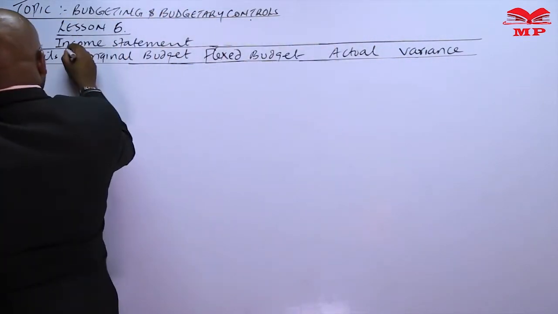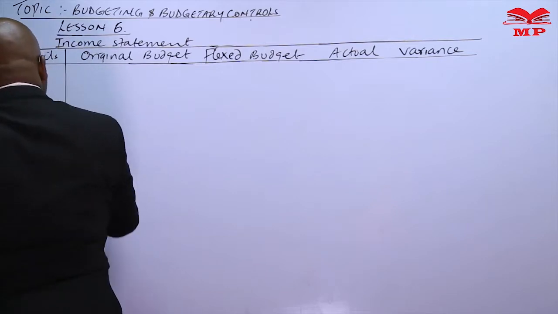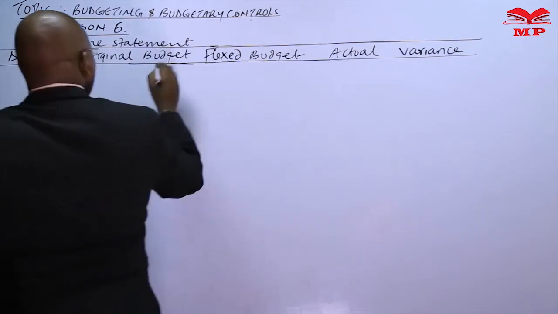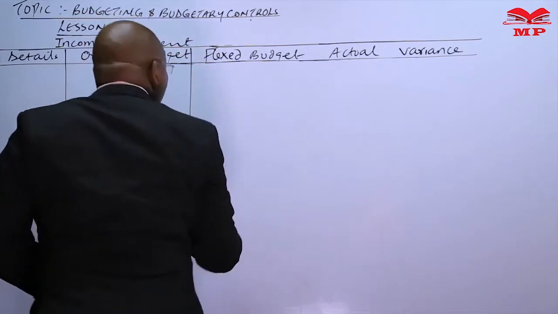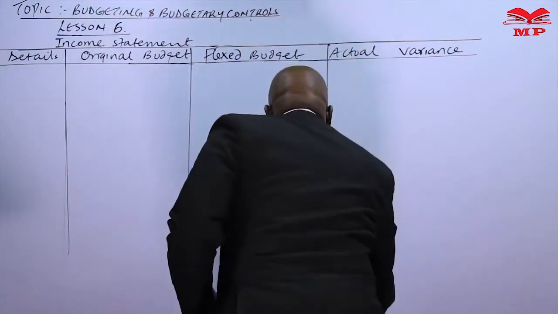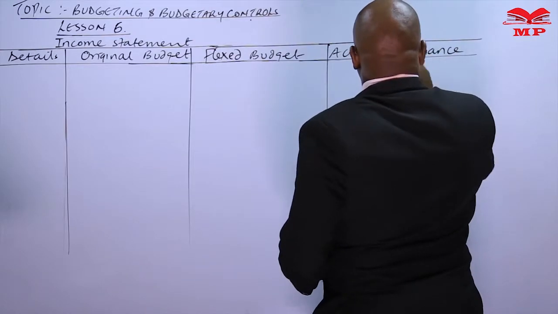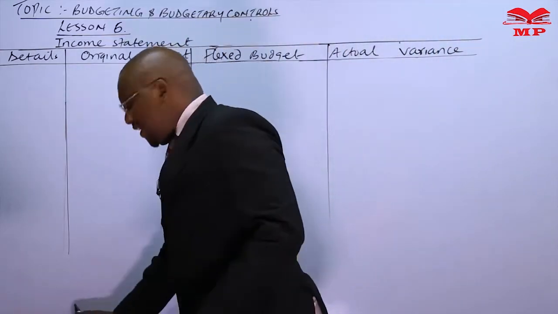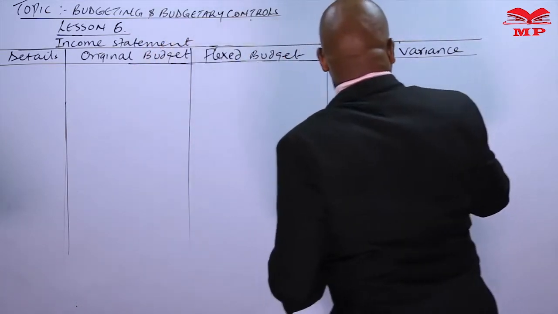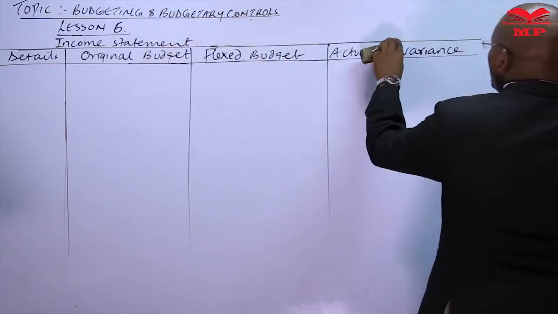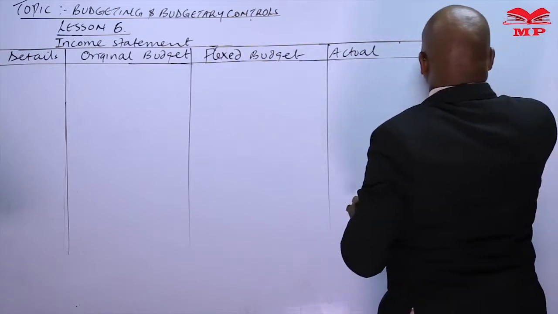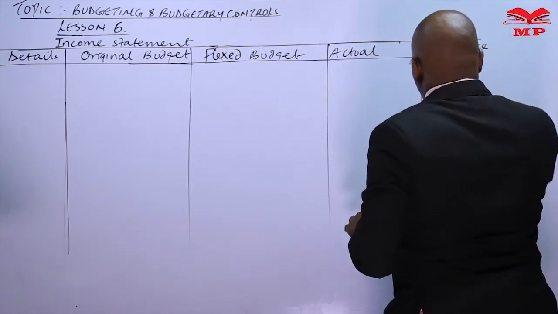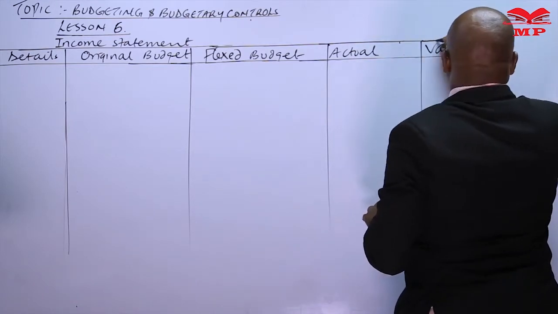So we do have these details: this is the original budget, this is the flexible budget, and this is the actual. The actual statement we don't need to calculate, because we have been given the information about the cost, so we don't require a lot of calculation in terms of cost. Then you have the variance here.